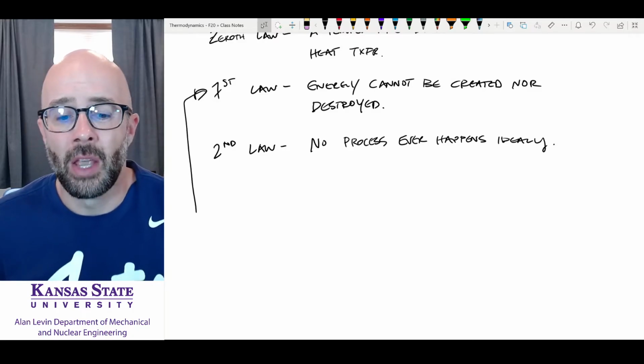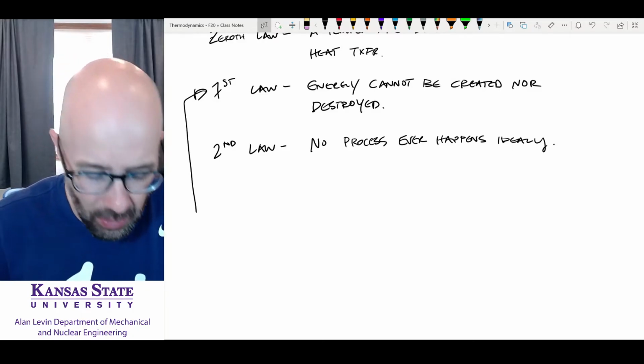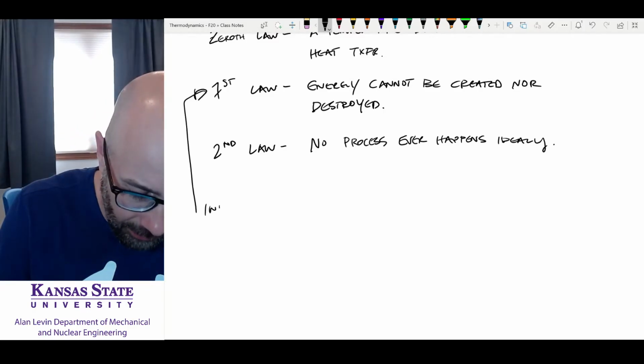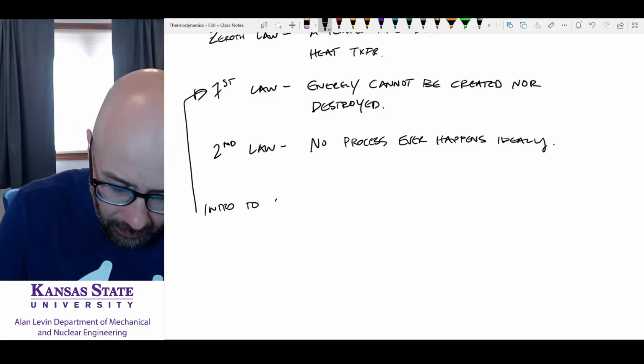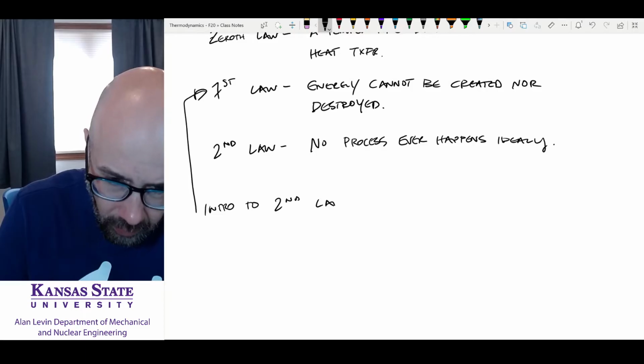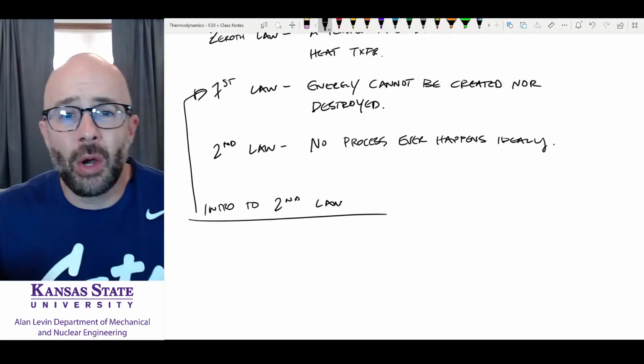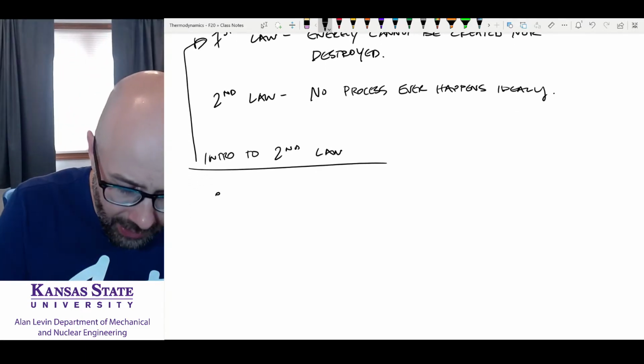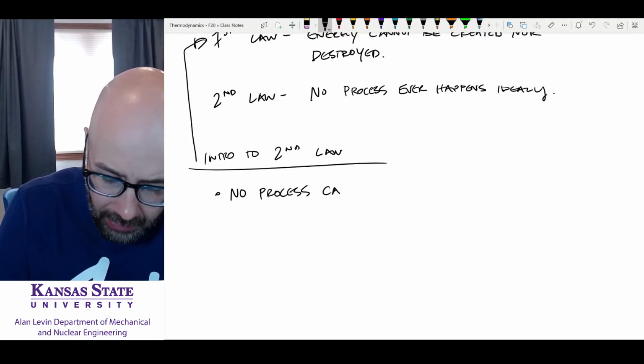Okay, so let's talk about the second law and see what that means. So, intro to the second law. Okay? We know the following things. No process can violate the first law.